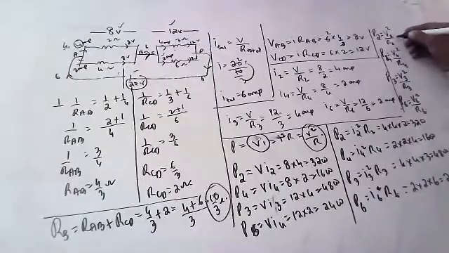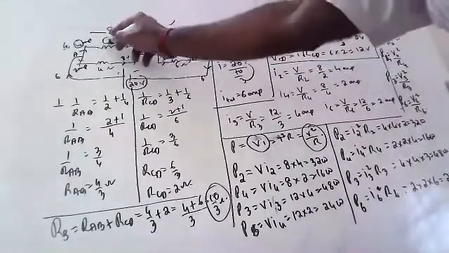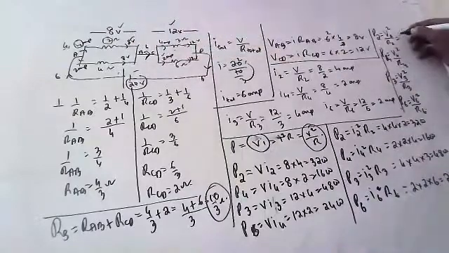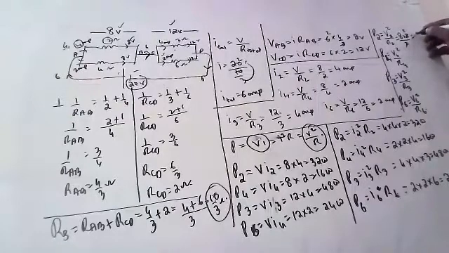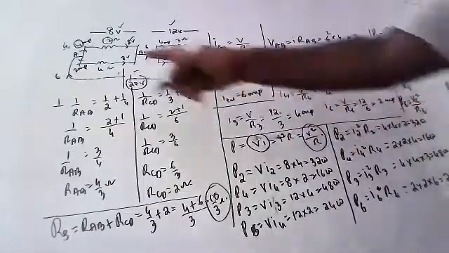Across this, what is the potential? 8. 8 into 8 by 2 is 16 into 2, that is 32 watts.